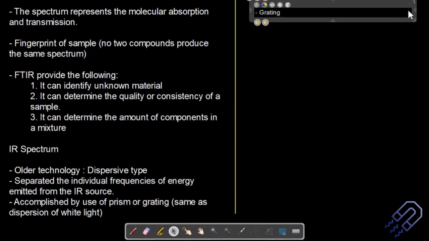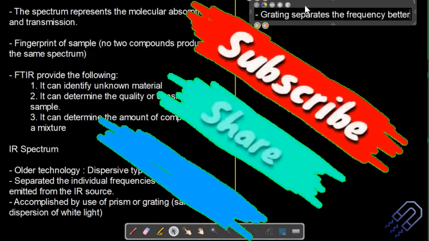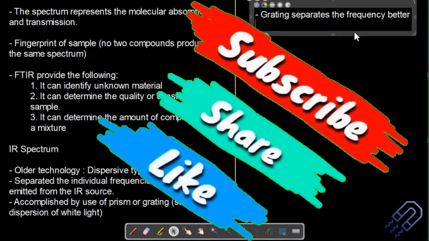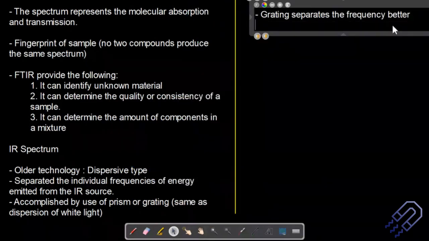So what happens usually is this grating separates the frequency better. So you will have a better separation of the frequency using the grating. That's why this grating is good technology. So modern dispersive technology uses a grating.